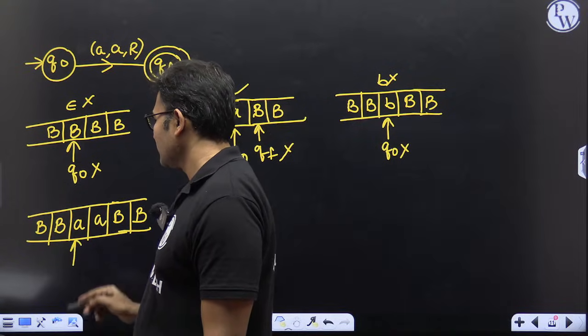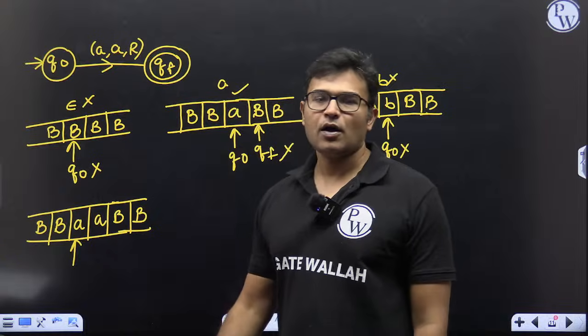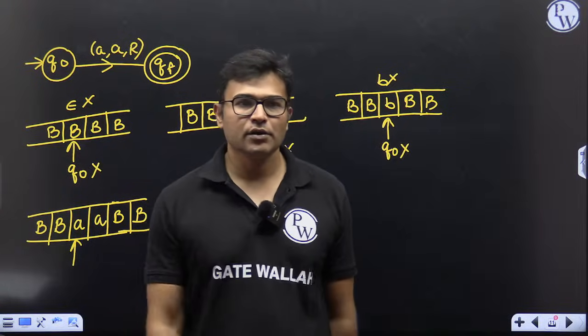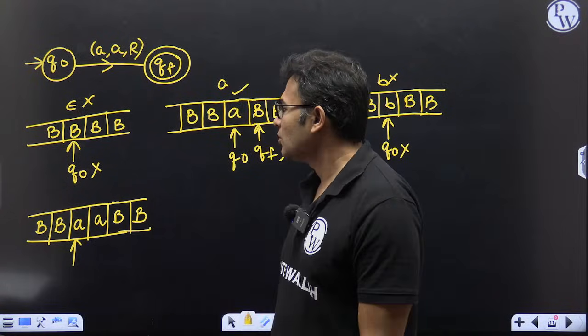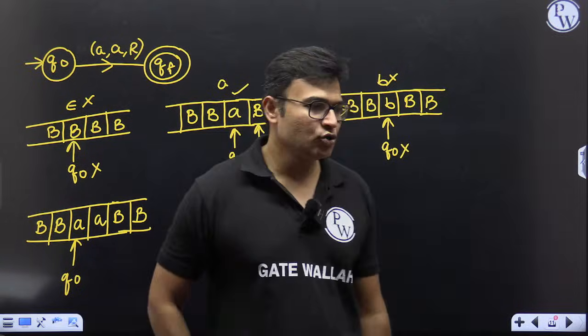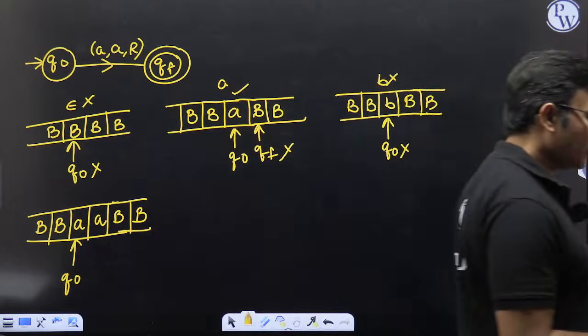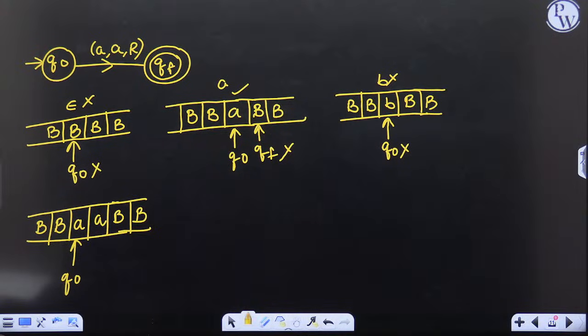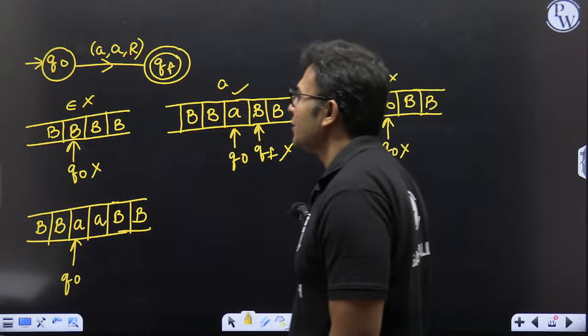Now when you take this string, you'll understand the machine. Initially you are in state Q0.